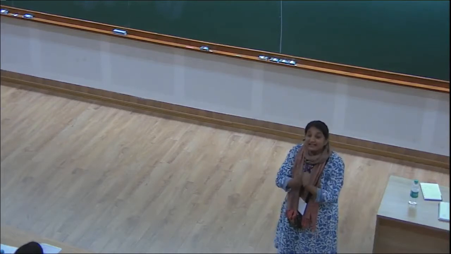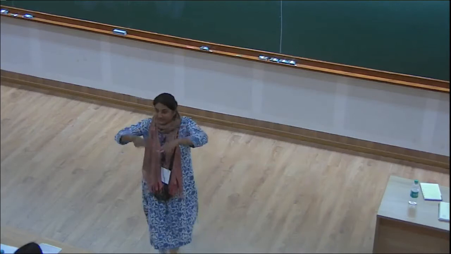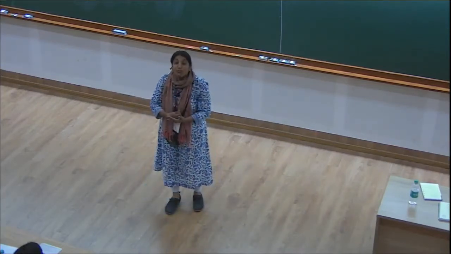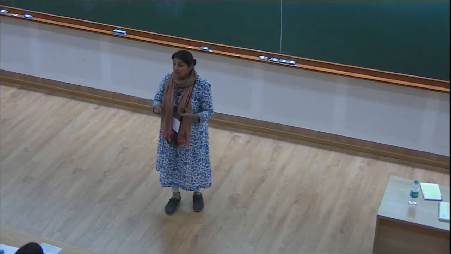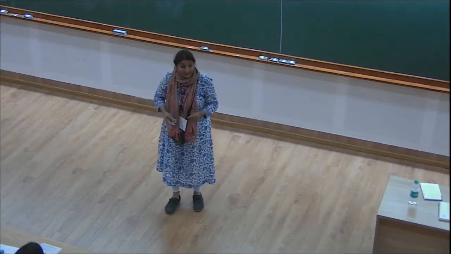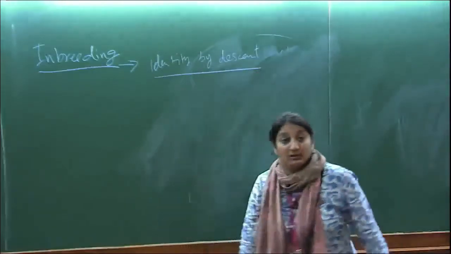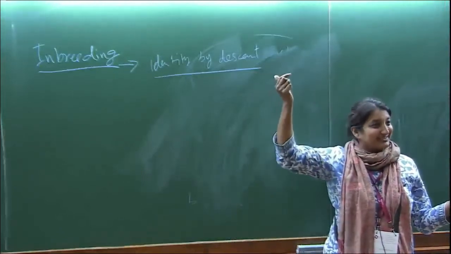So that is identity by descent. The same exact allele, it sounds a little odd, but because it's theoretical, the same exact allele, the same copy of that allele, individual has 2 copies of the same exact allele. Okay? So that is called identity by descent. You could get 2 A's which are from different parents.